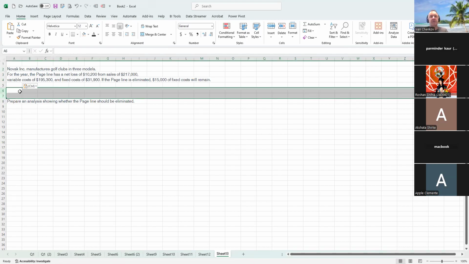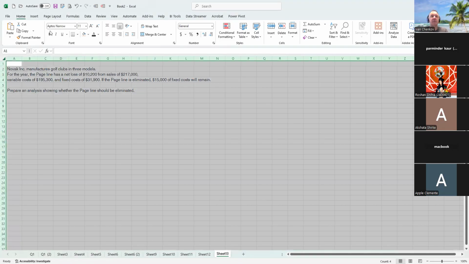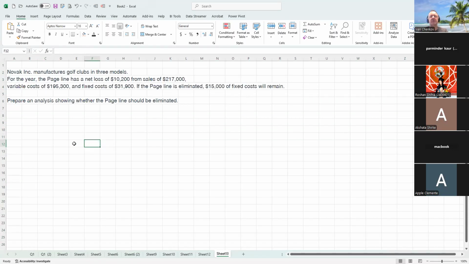Now, the question will always give you the fixed cost, and to make it even worse, I'm going to give it as a fixed cost per unit. But that doesn't mean you have to consider it, because fixed cost is always in total. Per unit is irrelevant. The more units produced, the lower the fixed cost per unit.